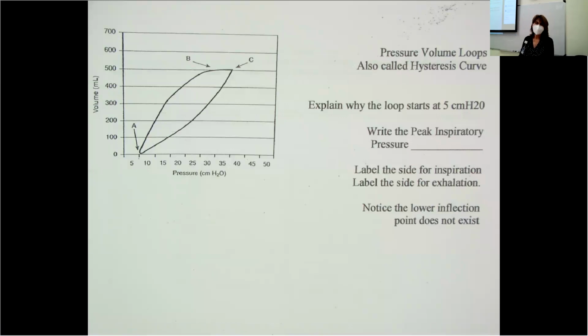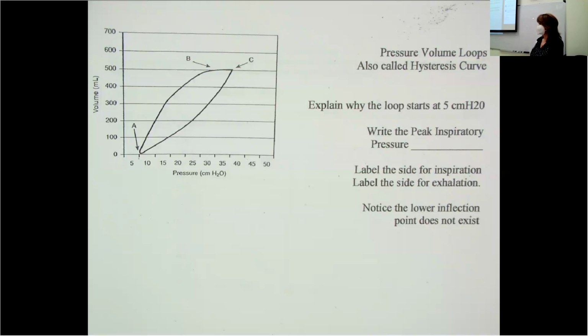All right, we're going to keep going. This is showing you a picture of a hysteresis curve, or pressure volume loop. It asks you to explain why the loop starts at 5 centimeters of water. Why do you think that is? Is there another kind of pressure already back there?